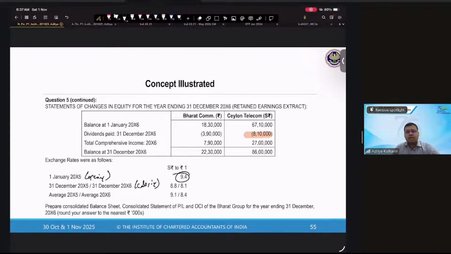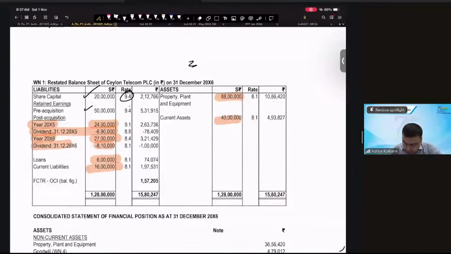So 9.4, 9.4. These two rates will be used for converting the share capital and pre-acquisition retained earnings. So when I convert 20 lakh divided by 9.4, 2 lakh 12,766. Pre-acquisition 50 lakh by 9.4, 5 lakh 31,915. These two are purchased.